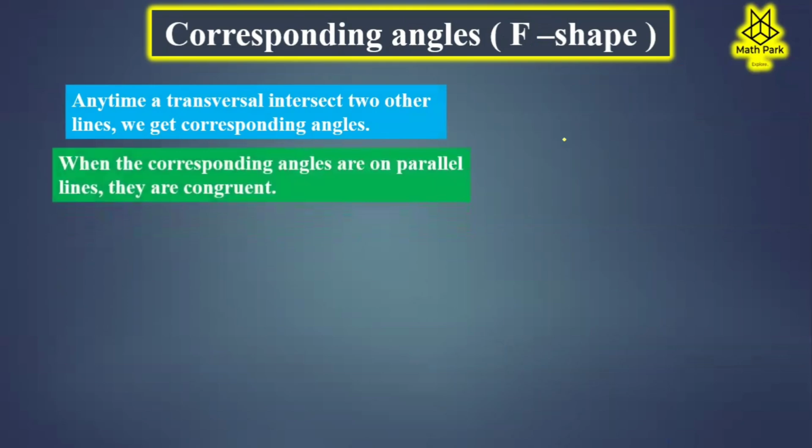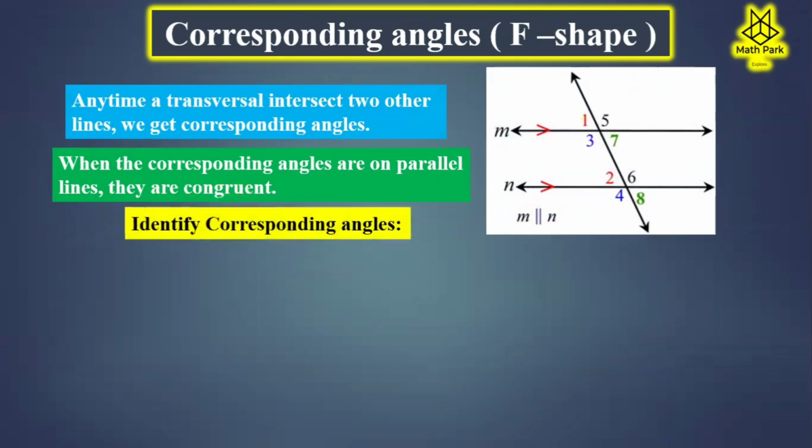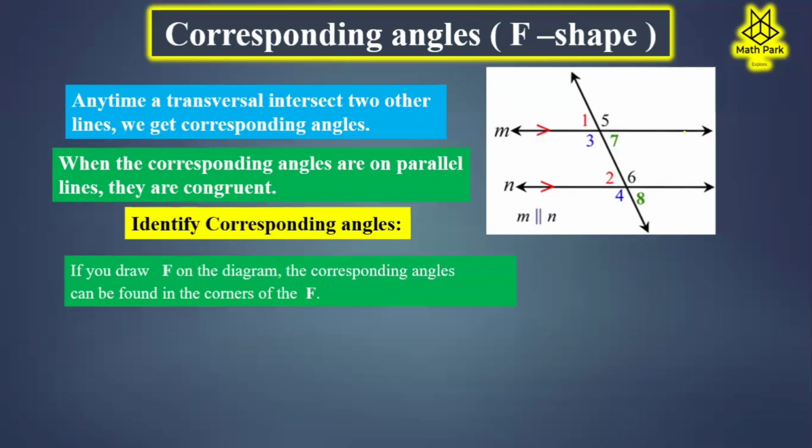And when the corresponding angles are on parallel lines, they are congruent. Here you can see the corresponding angles colored the same: 1 and 2, 5 and 6, 3 and 4, 7 and 8. We can see the F shape here. This is the F shape. And at the corners, the angles that are formed are corresponding angles, 7 and 8.